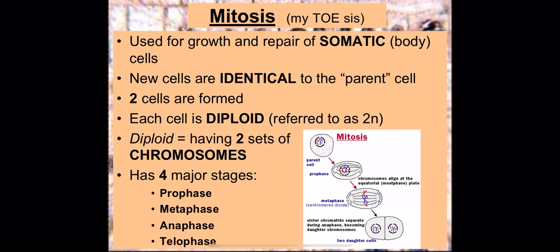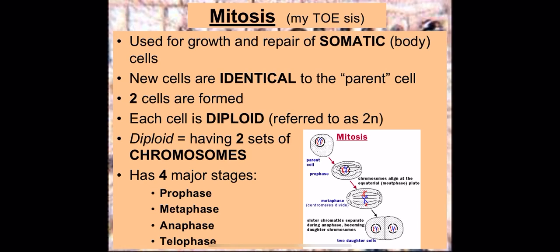Mitosis is where we're going to focus in terms of this asexual cell division, because mitosis is what living things, in terms of you and me and animals and plants as well, undergo in order to repair and replace the cells that make up their body.